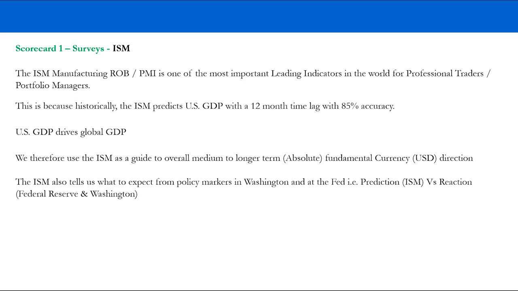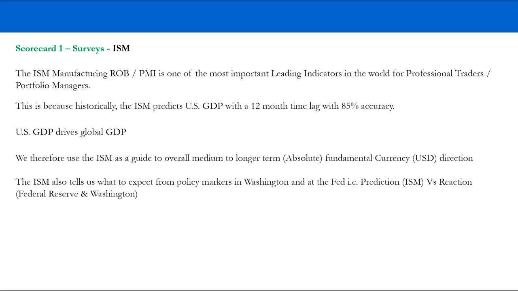If it's contracting, but contraction is less than the previous period, that's still bad, but things are getting better. What we're understanding here is the United States economy from an endogenous perspective. This is not affected by forces outside the United States.